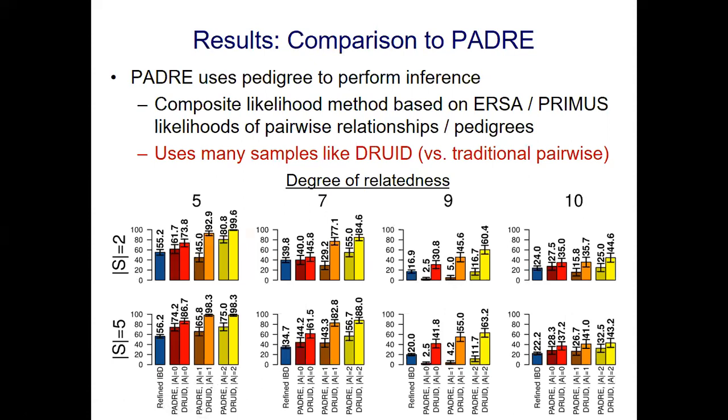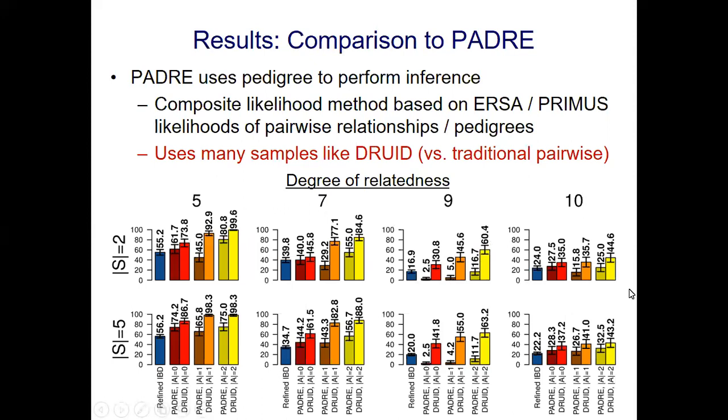Once again, as expected, these methods do well as more aunts or uncles are included, but overall, DRUID does quite a bit better than either refined IBD or PADRE, and is very effective at inferring degrees of relatedness, even out as far as 10th degree.